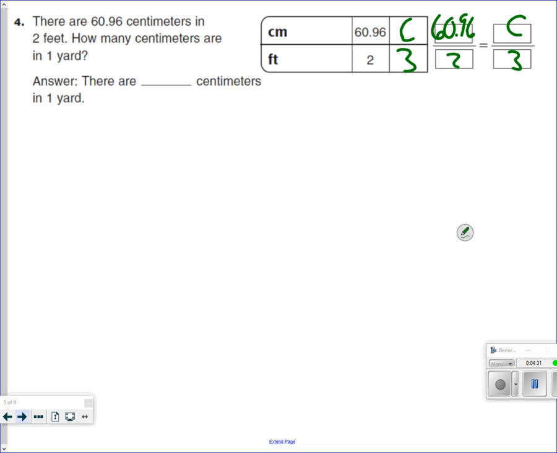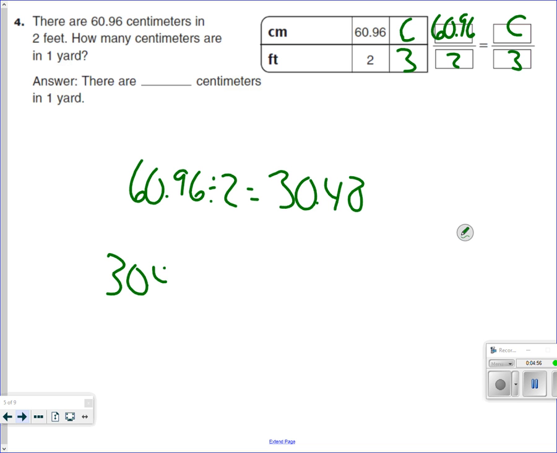Well, I'll tell you what. Let's find out what the unit rate is for 1. In order to find out what 1 is, we're going to do 60.96 divided by 2. That will tell us what the unit rate is for 1 foot. 60.96 divided by 2 equals 30.48. 30.48 is equal to 1 foot.